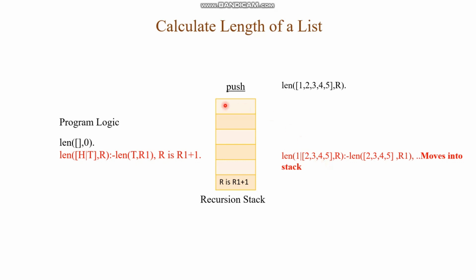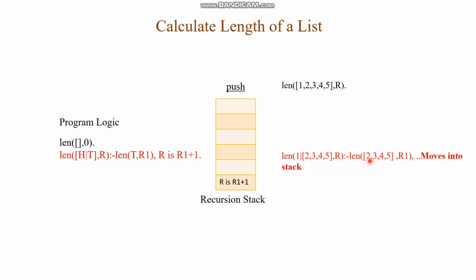Now this tail is stored in a variable called T, and the head part, that is 1, is stored in another variable called H. We are not interested in the head part, so moving on with the rule, we call the len predicate recursively, and in this case the first parameter will have the input 2 3 4 5, that is we have removed the head part of the original list.